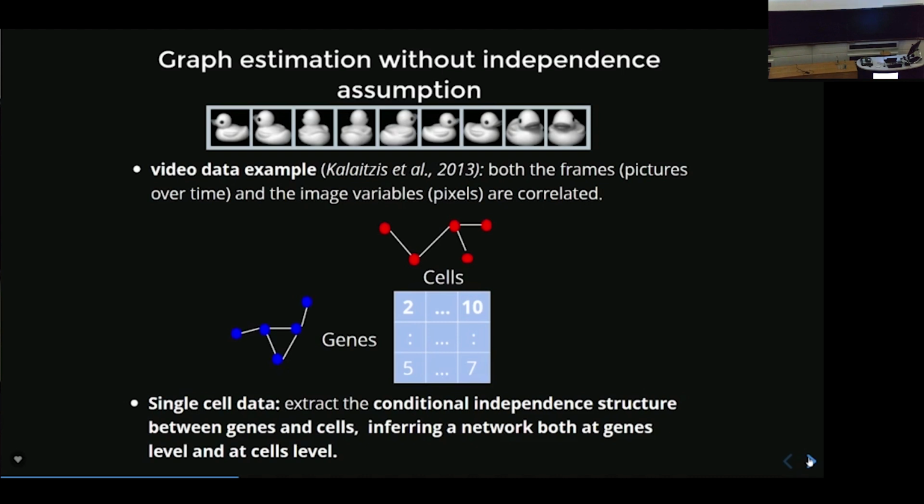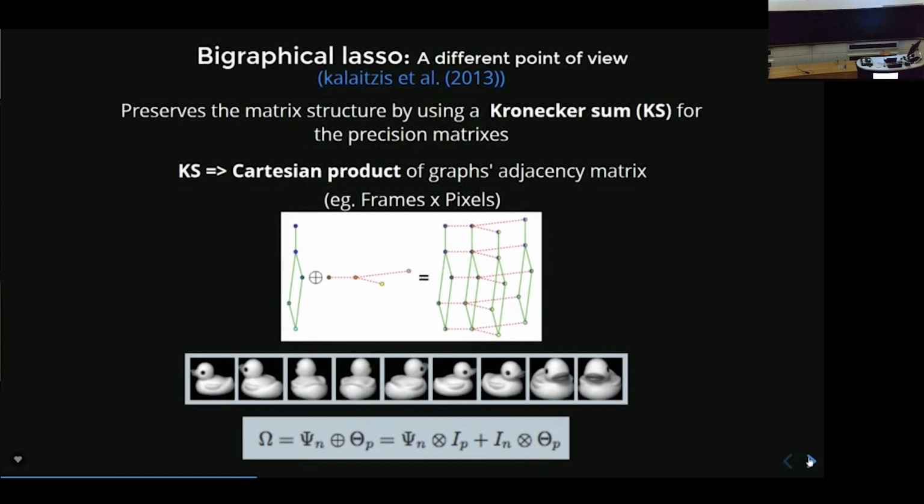So how do we do that? Well, in this paper, there's the link in the slides if you want. It's called the Big Graphical Lasso. They propose to put together these two precision matrices, you can imagine those are these two graphs, with an operation that's called Kronecker sum.